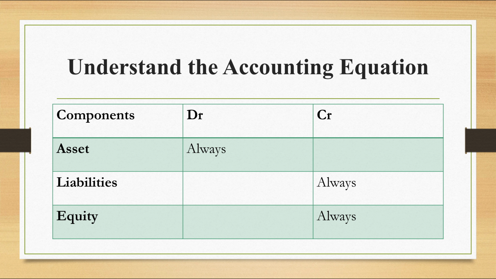Equity we can term as what the owners own after liabilities are paid. What remains is the equity, either the capital, the retained earnings, all that. It also has to be on the right side. It is the owner's claim on the assets. The liabilities have to be paid first, so that we can get the remaining part, which is the equity.